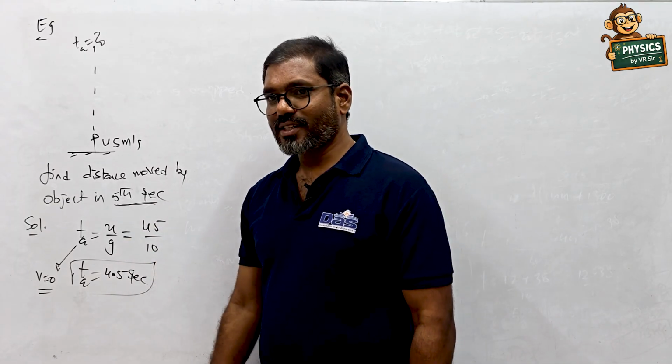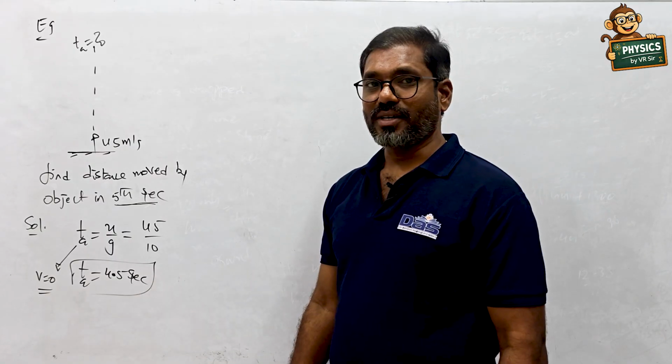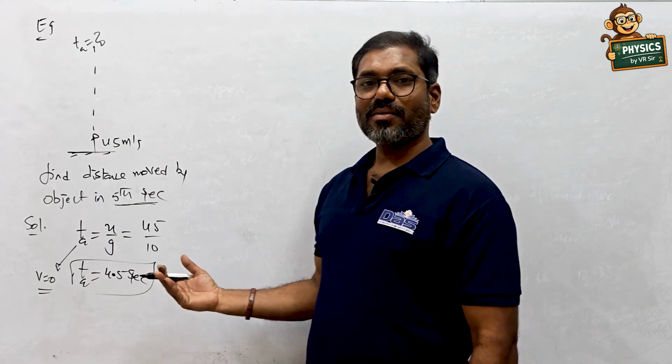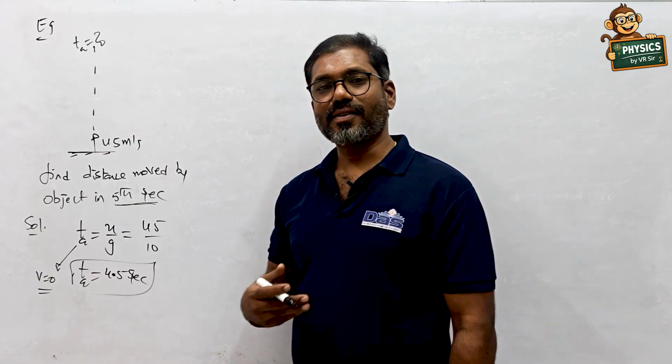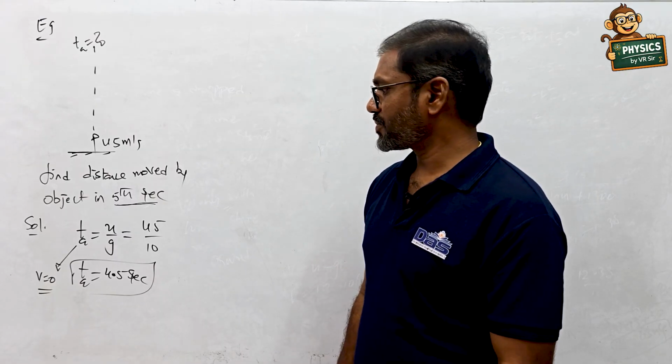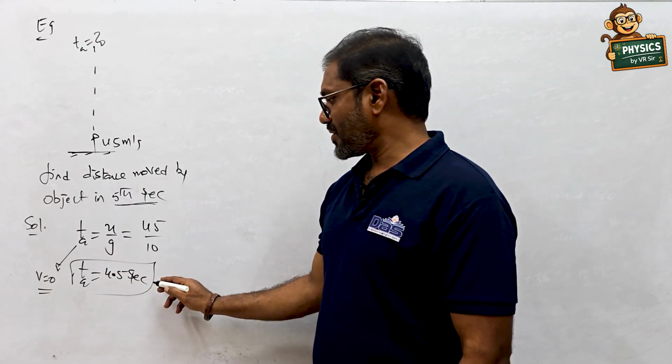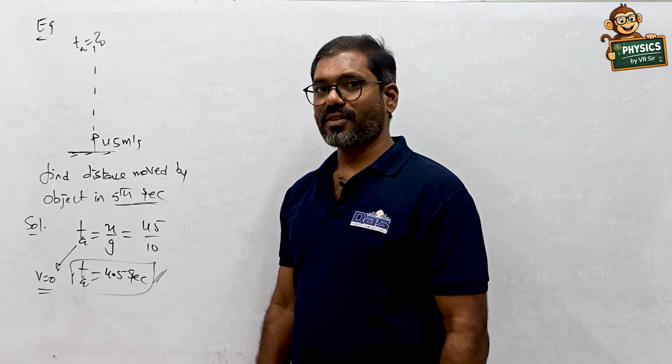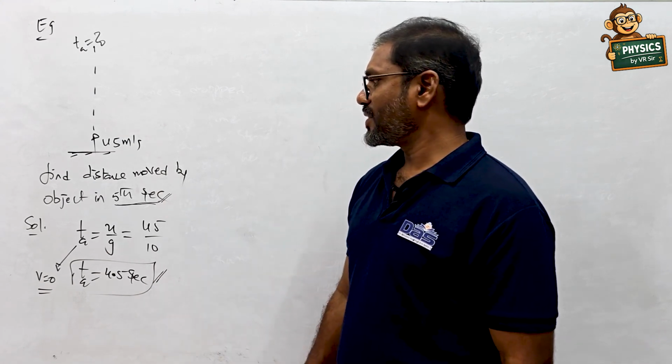If it changes its direction, we should not use the displacement formula, right? The displacement formula is applicable only when the body continues to move in a single direction without changing its direction of motion. But here it clearly indicates that the velocity is 0 at 4.5 seconds, but they are asking us the distance moved in the 5th second.